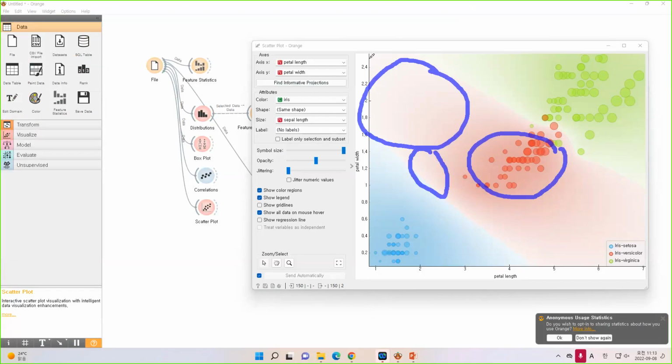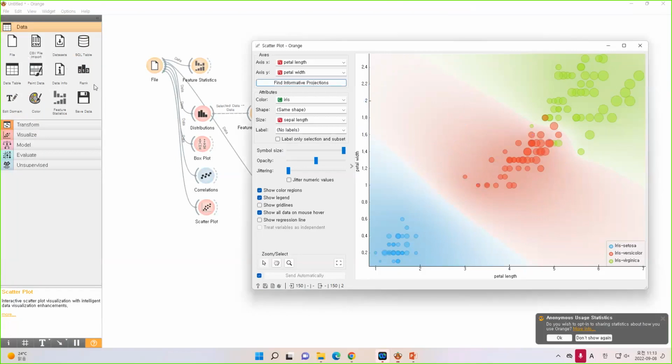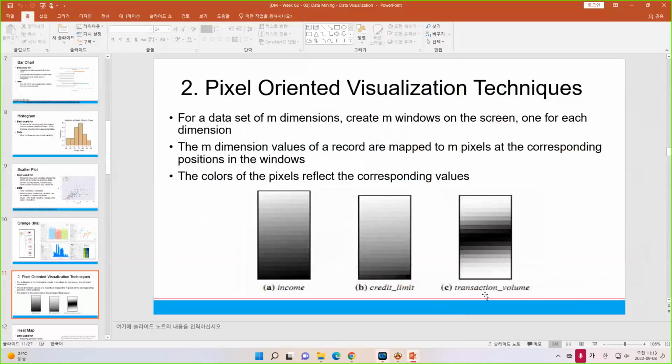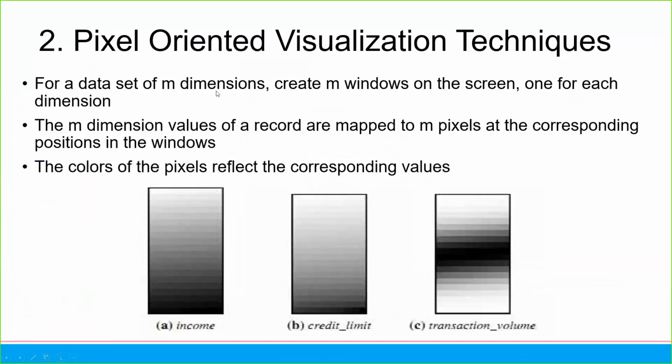Or sometimes we can also say like this one: income, credit limit, transaction volume. The light color shows the small income. The dark color shows the higher income.